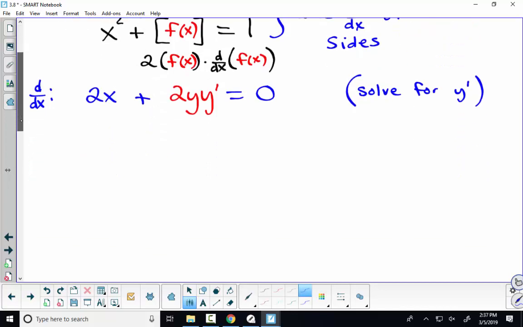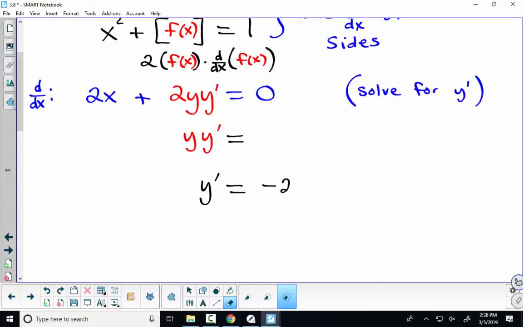So we have x plus y y prime equals 0. We have y y prime equals negative x. Add that to both sides. And then solving for y prime, we just divide by y. Y prime is negative x divided by y.